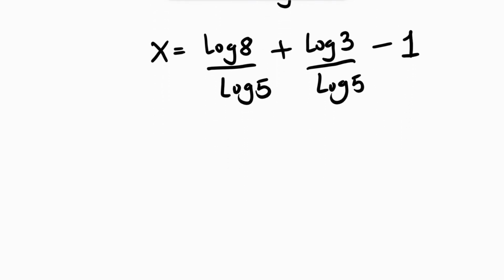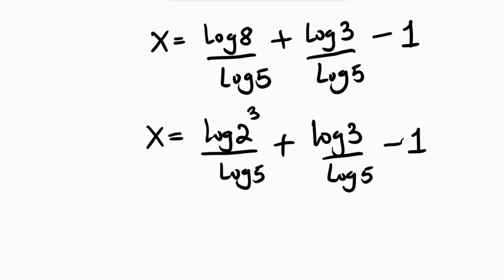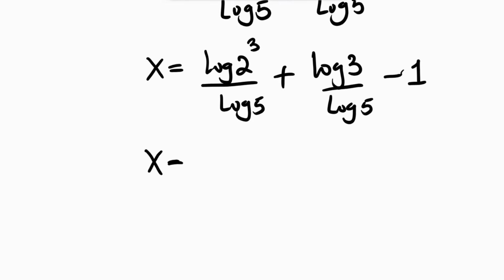Okay. So x is equal to log of 2 raised to the power 3 divided by log of 5 plus log of 3 over log of 5 minus 1. And we know that log of a raised to the power b is equal to b log a.